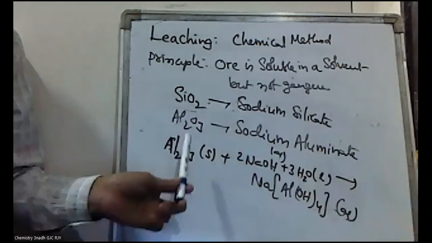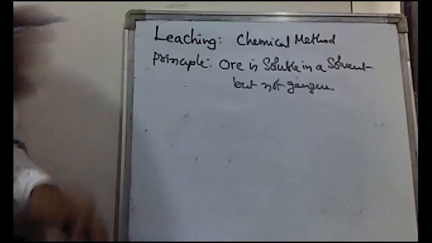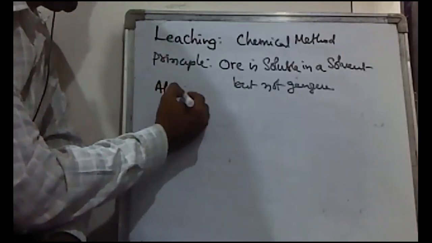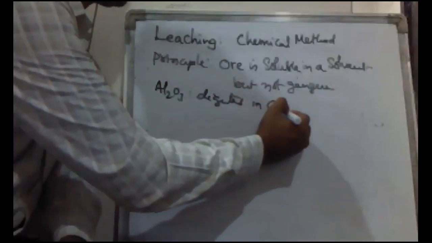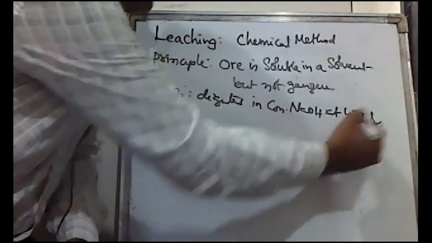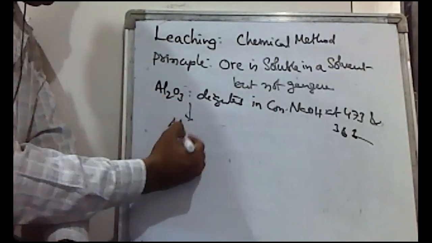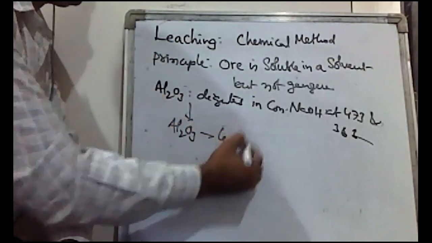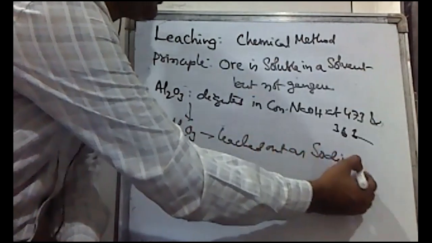When the powdered bauxite ore is digested in concentrated NaOH at 473 to 523 Kelvin and 36 bar pressure, alumina is leached out as sodium aluminate.